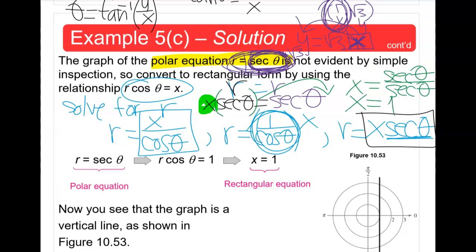It equals 1. And so x equals 1 is just that vertical line that we have there, and it does go across that point at (1, 0). And it is vertical because it doesn't matter what the y value is, the x value will always be 1. And that's how we get the line.